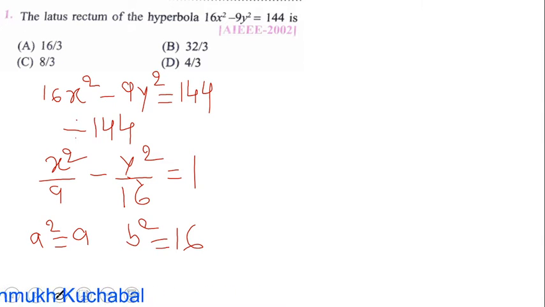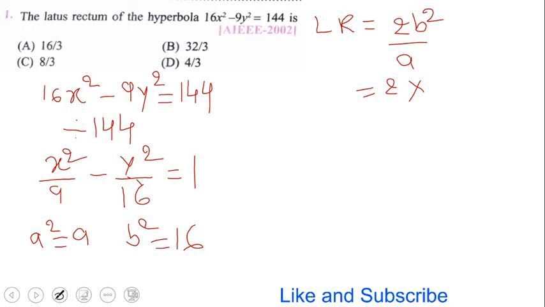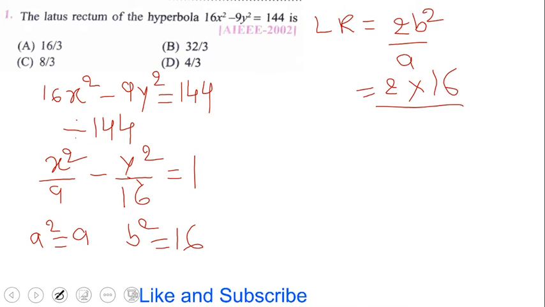Then we have to find the length of the latus rectum. The length of the latus rectum is given by the formula 2b²/a. So it is 2 into b², which is 16. a² is 9, so a is 3.